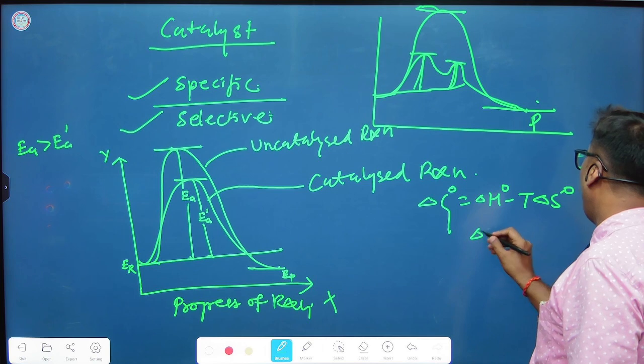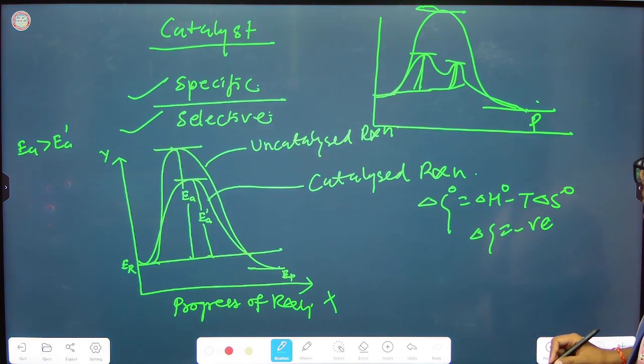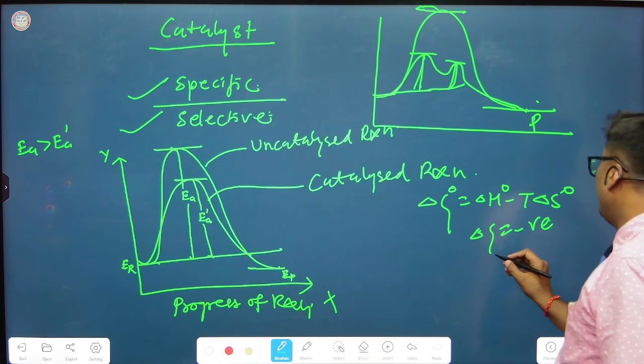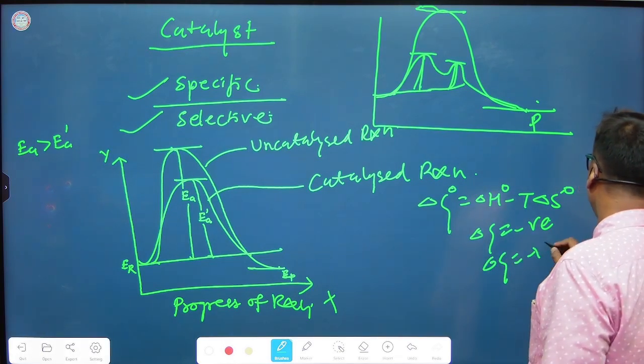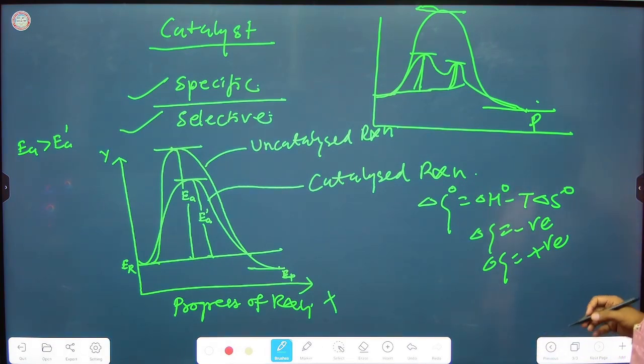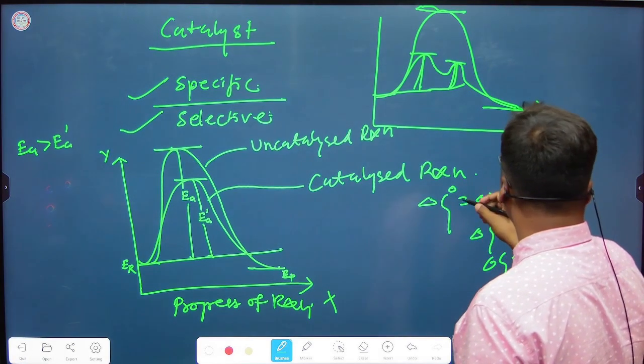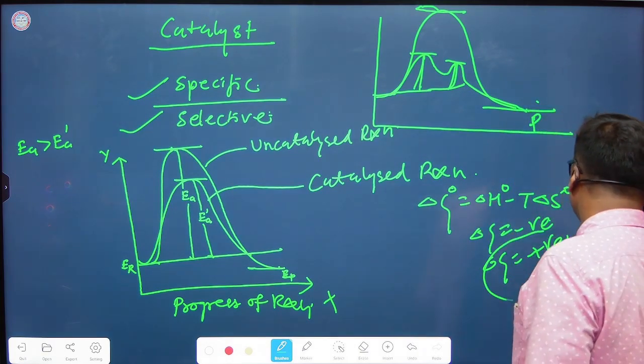If delta G is negative, the reaction will proceed spontaneously, and if delta G is positive, the reaction will not proceed spontaneously. So it will require external energy to proceed.